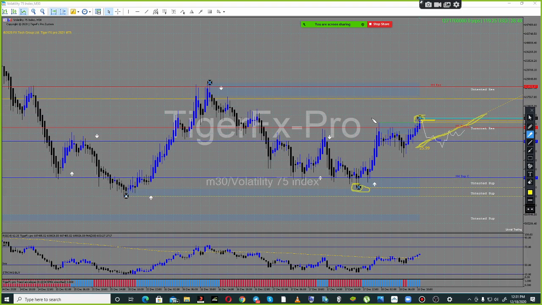The yellow lines don't extend. Right now, it shows the previous peak, which was around there. It will remain there until you refresh the page.